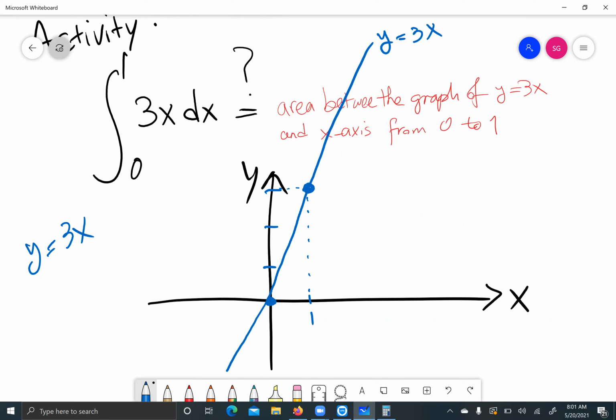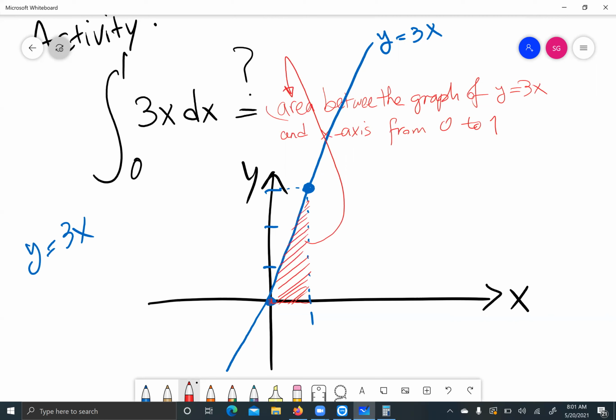Now this integral is the area under the curve and the x-axis between 0 and 1. So it's going to be this part. This represents this area.